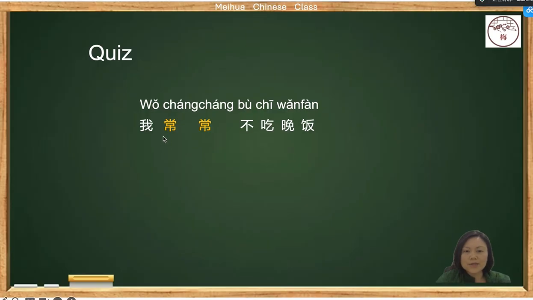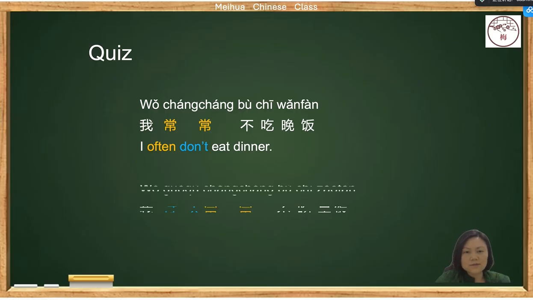I already gave some hint here. 常常 or 经常，我经常不吃晚饭。I often don't eat dinner. So this is talking about somebody's routine, right? So it should be a present tense.